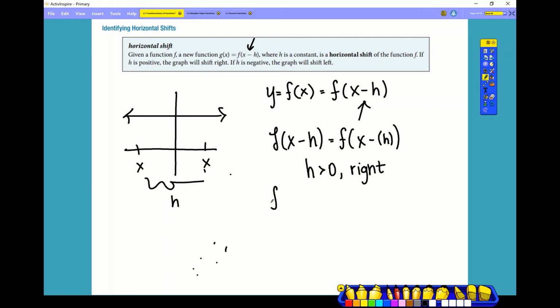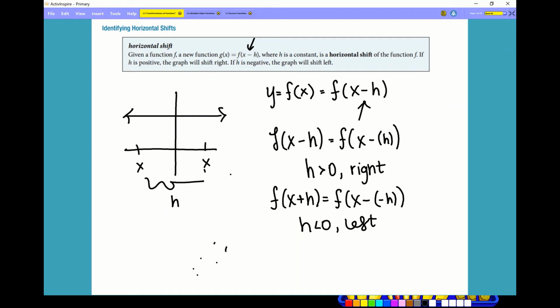But if you had f of x plus h, since we do have that negative in there, it would be f of x minus h, so h is less than 0, so it would go left. So when you're subtracting the h, it's going left. When you're adding the h, it's going right. But because there is a negative, the signs are opposite of what it is doing, so it is counterintuitive.